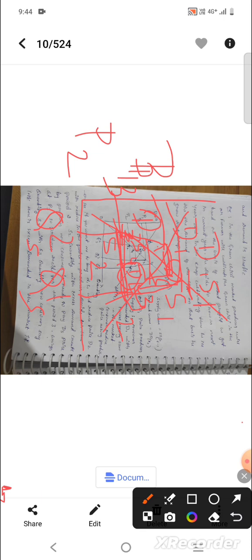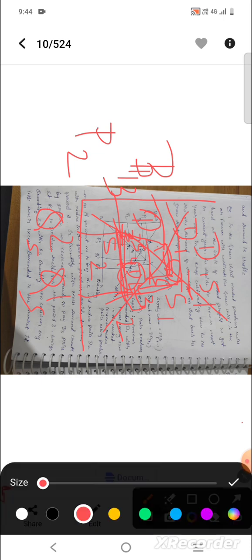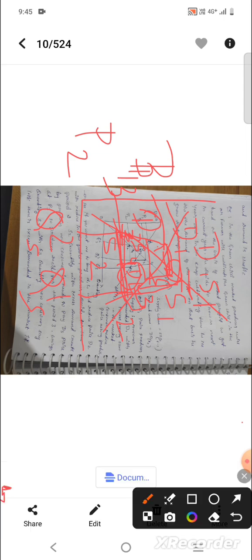Okay, so now the consumer will say, since you are reducing quantity to S4, now I am ready to buy at D5 price, at P4.